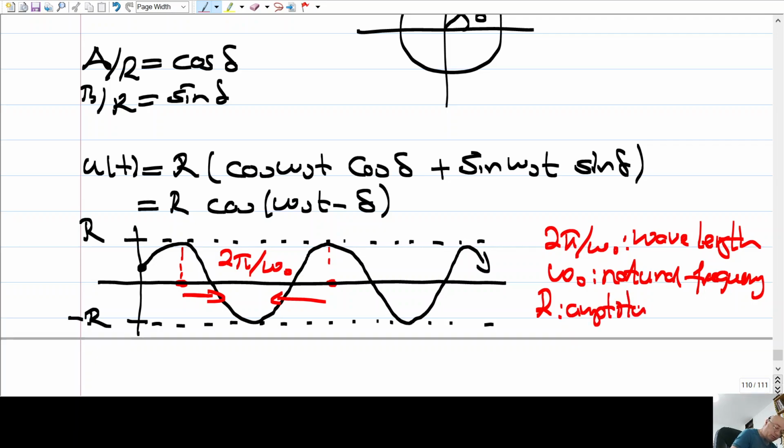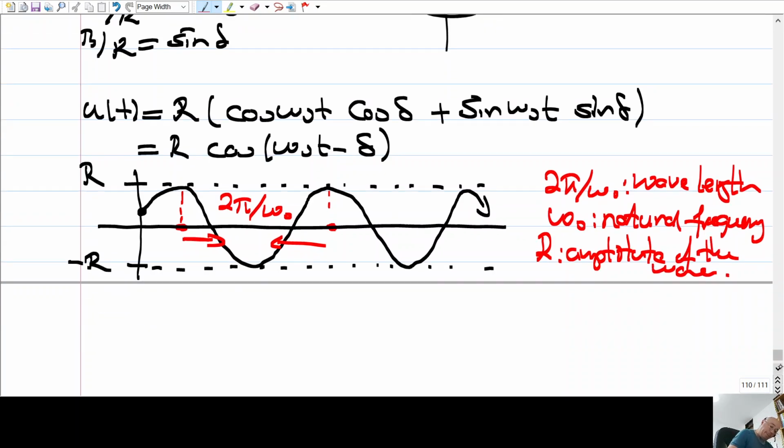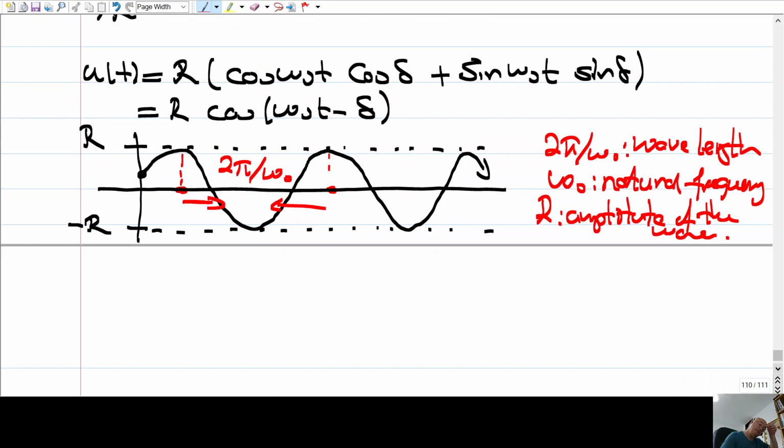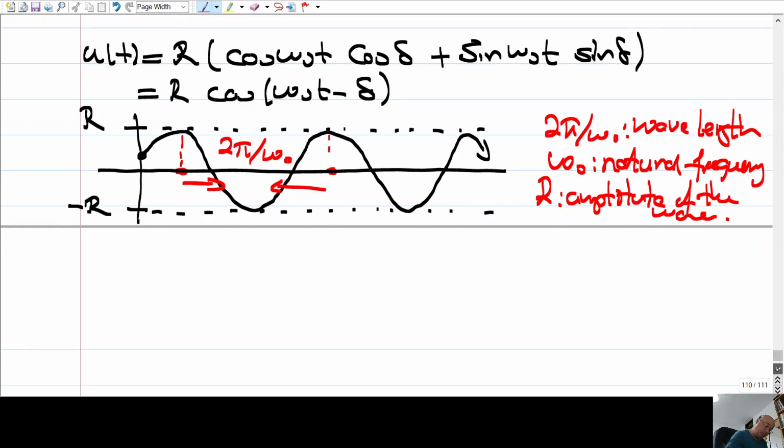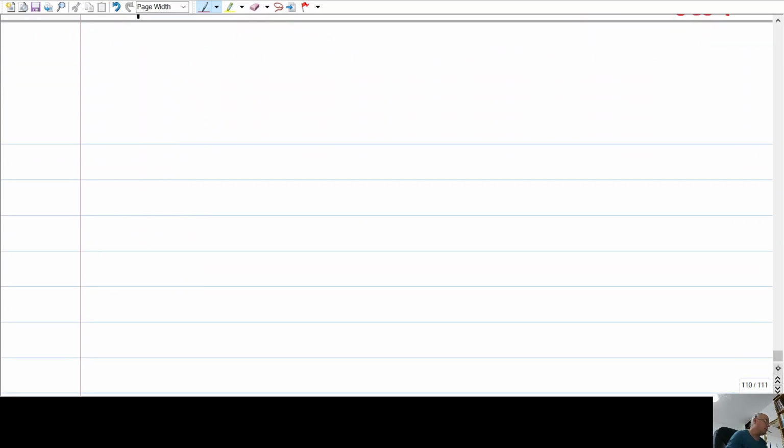Amplitude of the wave. Okay. So this is undamped free vibration.